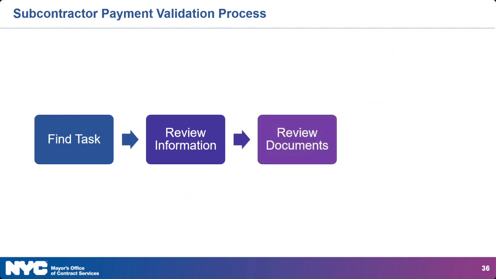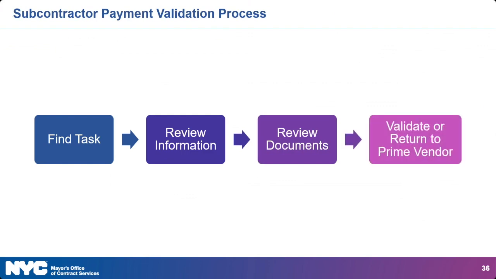After that, the subcontractor reviews any supporting documentation that the prime subcontractor may have included. Once those reviews are complete, the subcontractor will validate and confirm the information, or they can return it to the prime vendor for revisions.